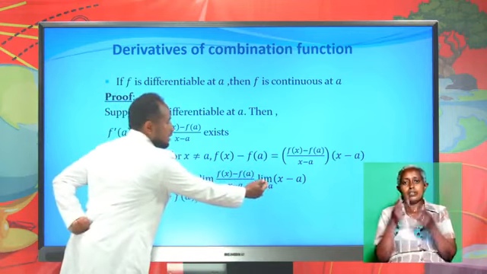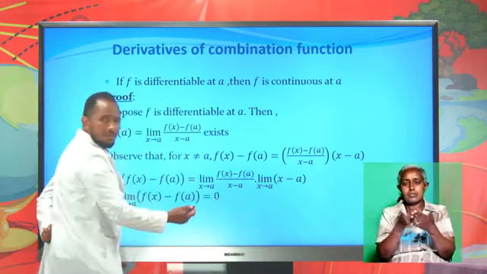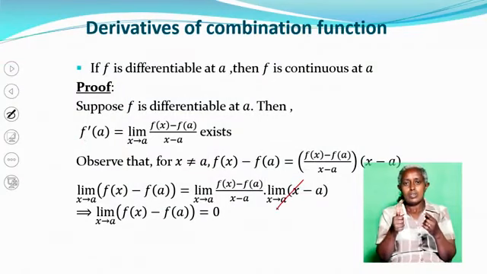As you can see, the limit of x minus a, where x approaches a, is 0. Therefore, when you multiply 0 by this part, the right side will be 0. Therefore, the limit of f of x minus f of a, where x approaches a, is equal to 0.